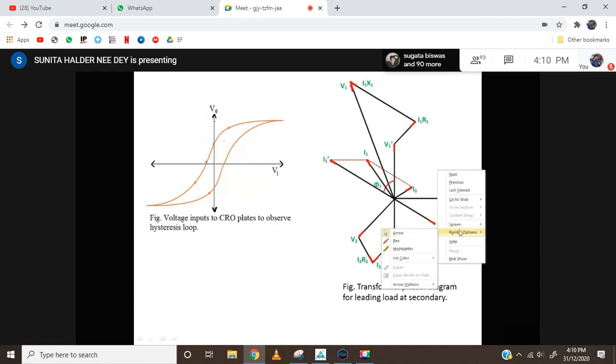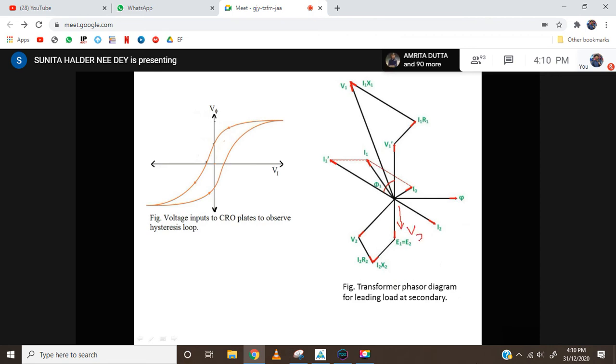So if we want to get such a voltage, we have to shift any voltage we are getting here. Say that is V2. Then that is proportional to phi, but not in phase with phi. If we want a voltage proportional to phi and in phase with phi, then we have to shift this voltage 90 degrees to get a voltage in phase with phi. That means V2 dash.